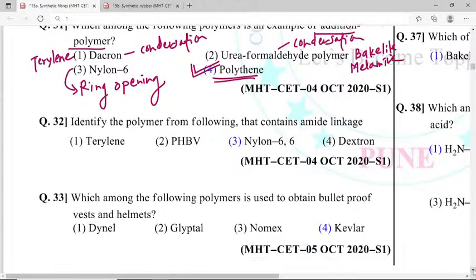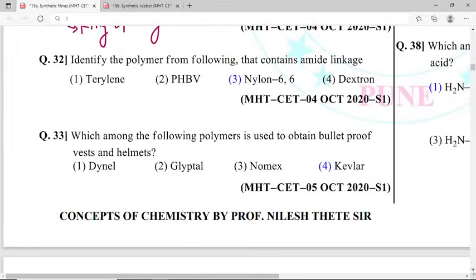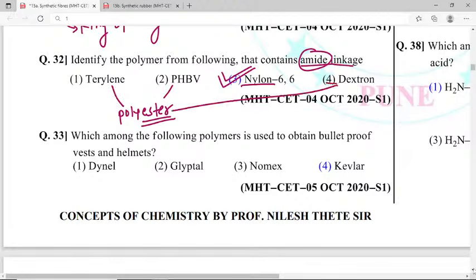Identify the polymer from the following that contains an amide linkage. Amide linkage is in nylon. Nylon is the word for amide linkage. Next, terylene, PHBV, dextron, all the remaining are polyesters. These have ester linkages: terylene, PHBV and dextron.